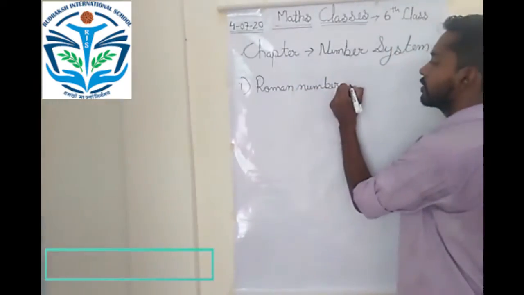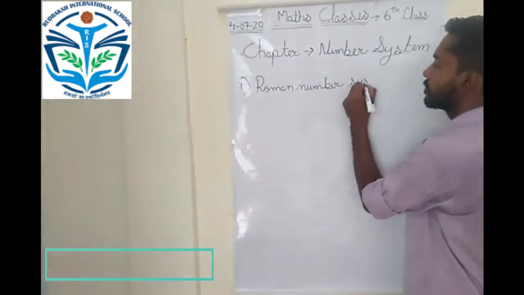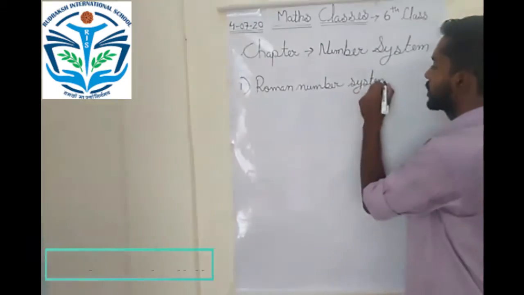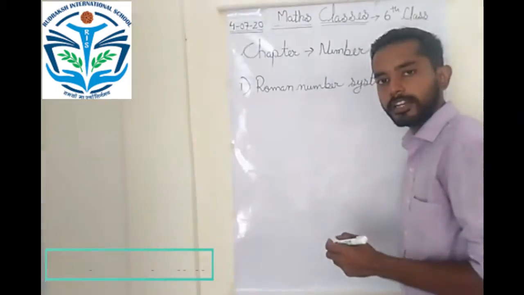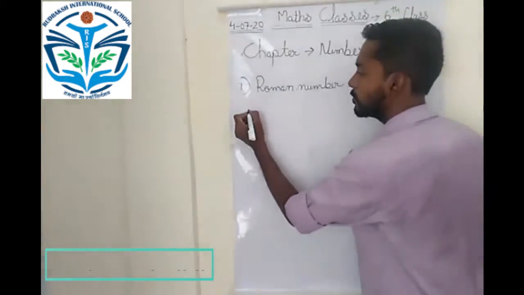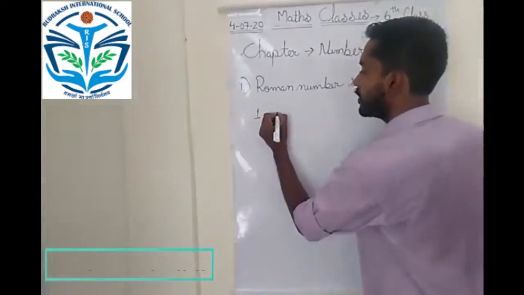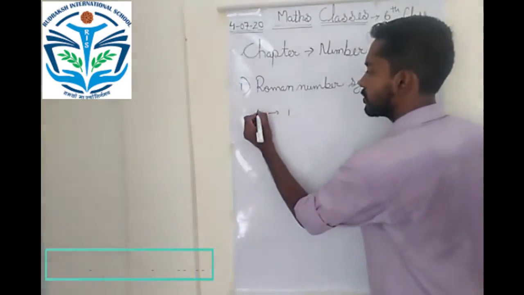is the Roman number system. In this, we write the numbers in different kinds of form. Like for 1, we write like this.